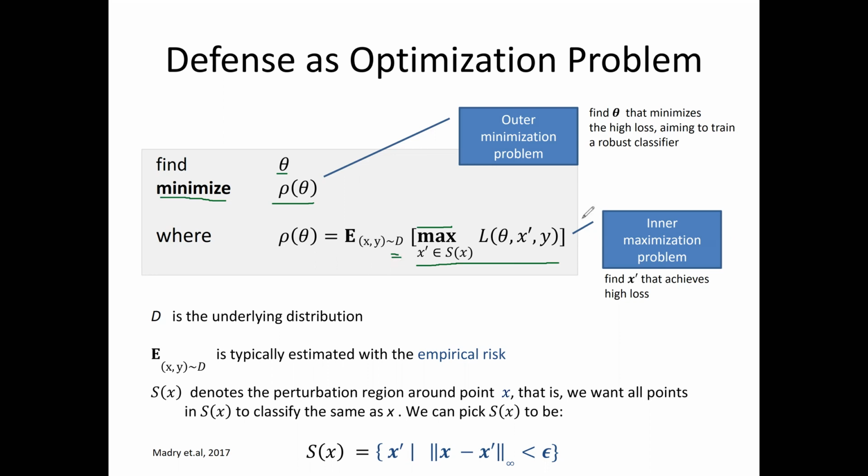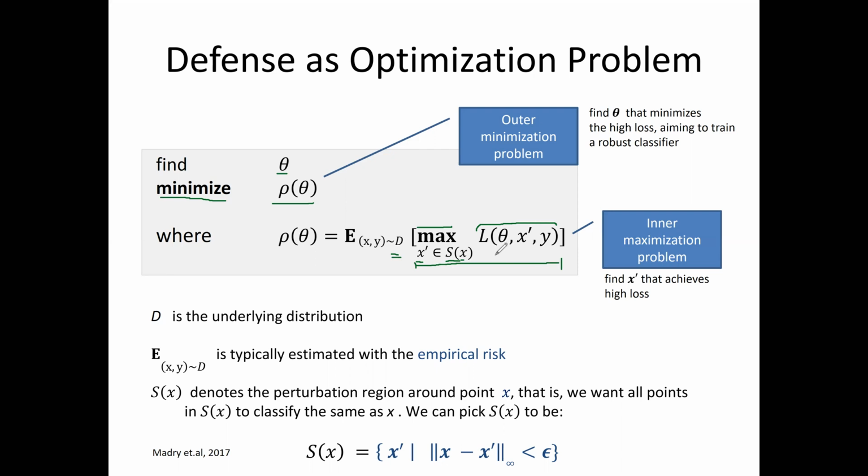Let's dissect this. What I've underlined in green, this max, says the following. Let's pick a point X over here, and we have some region around X, some S of X. This may be the L infinity ball around X that we looked at before. And let's find a point X prime in that region which maximizes the loss that we are going to be using for training.